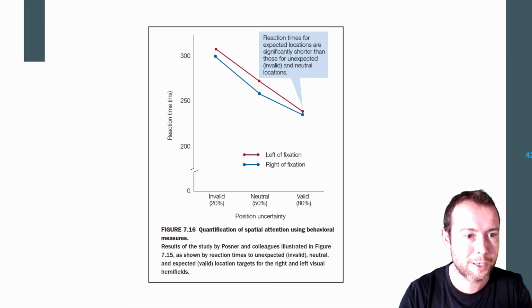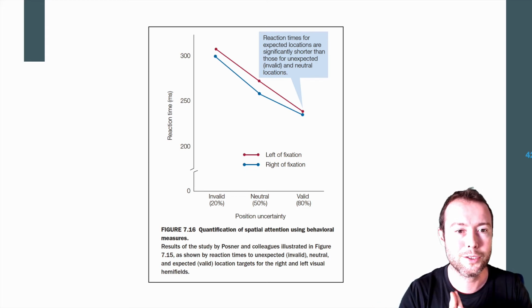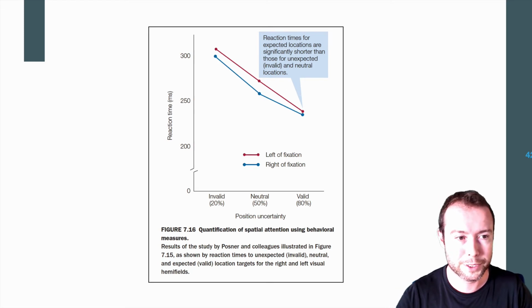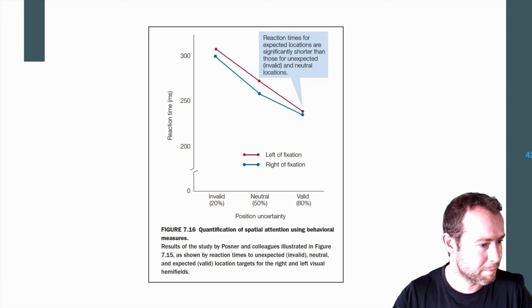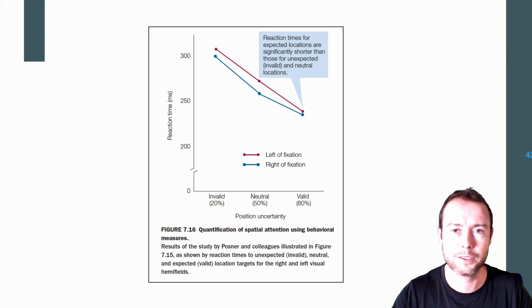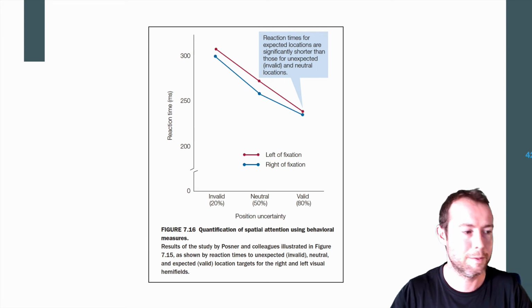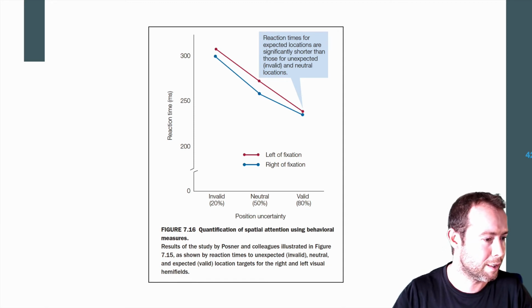So from experiments like this, Posner and others argued that it's our attention that's moving around the visual field, independent of our eye gaze direction. So again, if you look at the data that's plotted on here, you get a small difference in reaction time on targets that were presented to the left or the right of fixation. You don't need to worry about that.